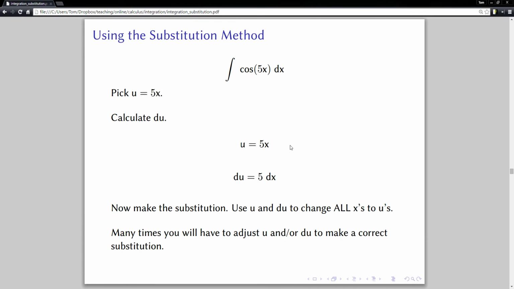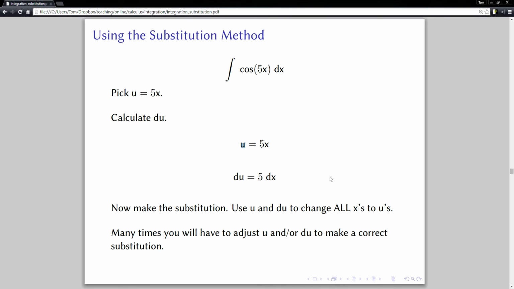You're going to pick u to be equal to some part of your integral, and that part you picked is just going to be changed over to u. So that part's easily accounted for. Then dx over here is the only other x that occurs in this problem, and I can see right here that I have 5 dx. I don't really have that 5 any other place outside. I have it right here, but I'm going to use that to switch over to u.